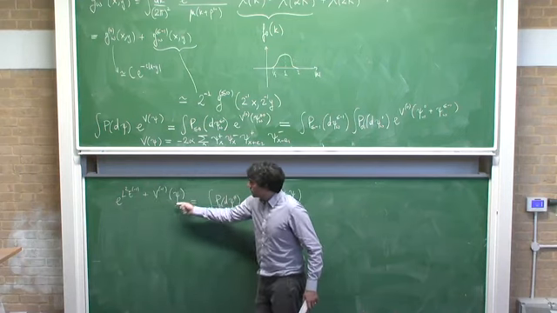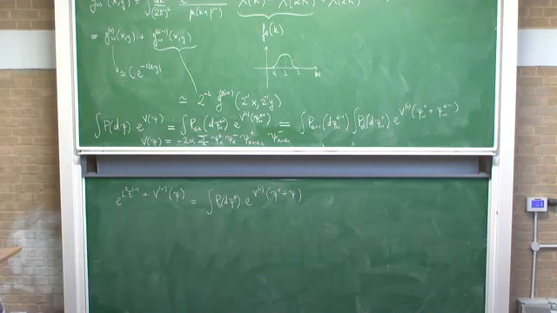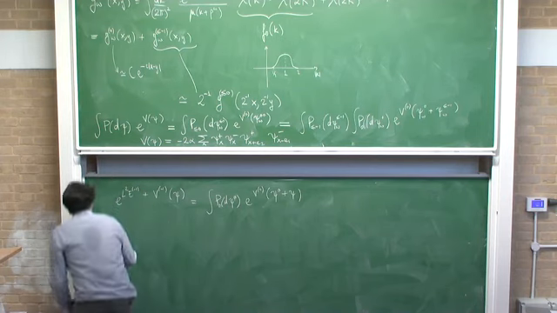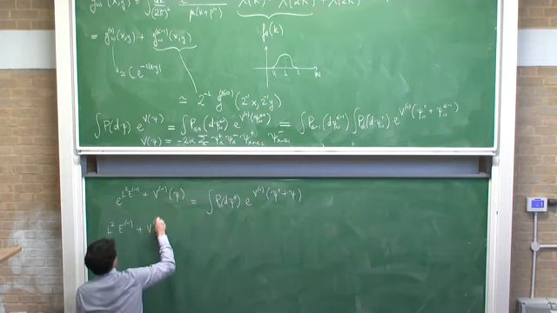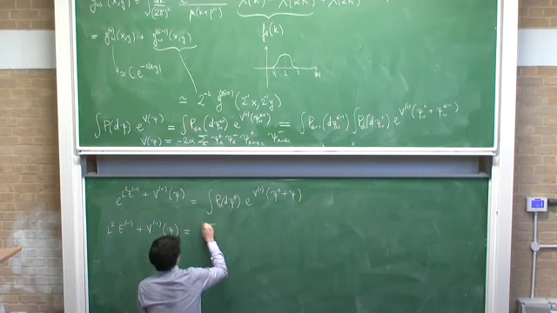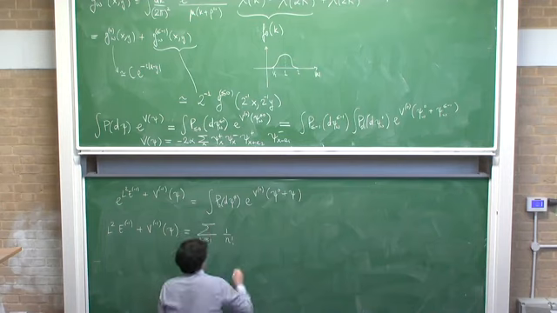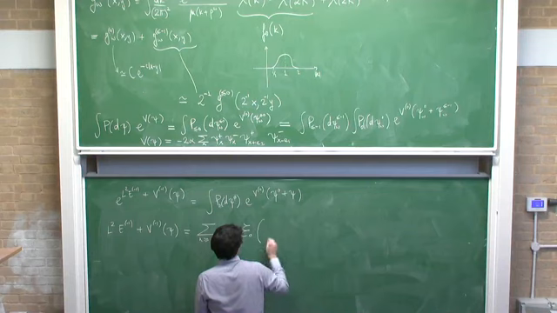Okay, how do you compute this? This is also something that Fabio started discussing last week. Let me remind it. e to the minus 1 plus V minus 1 of psi is equal to the sum over n of 1 over n factorial, the expectation with respect to the measure G0 of, what?